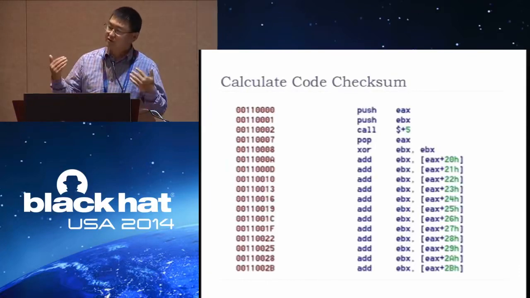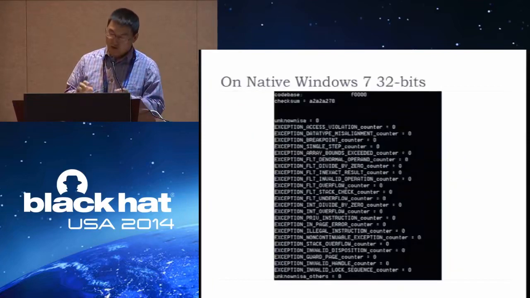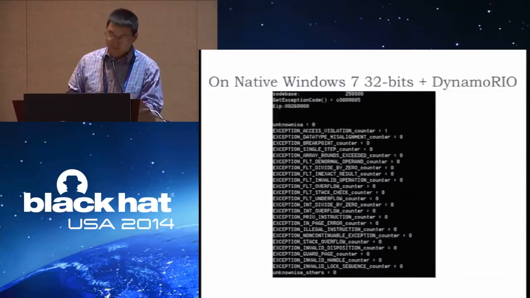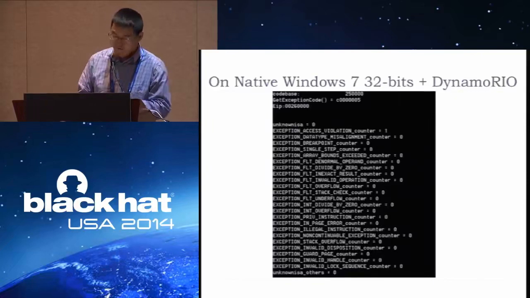Say you just get the current EIP and do some simple calculation to get some checksum, this kind of thing. If you run this code in native mode, you can get the checksum easily without any exception. But if you run this one with DynamoRIO, you will get one exception. That happened at 26000. Actually, that's invalid memory. We never allocated that. That's the bug from DynamoRIO. They didn't handle that correctly.